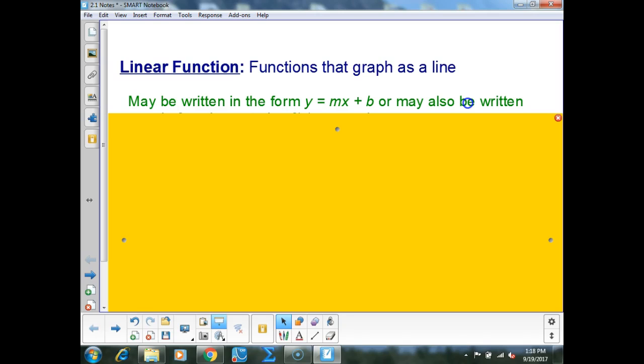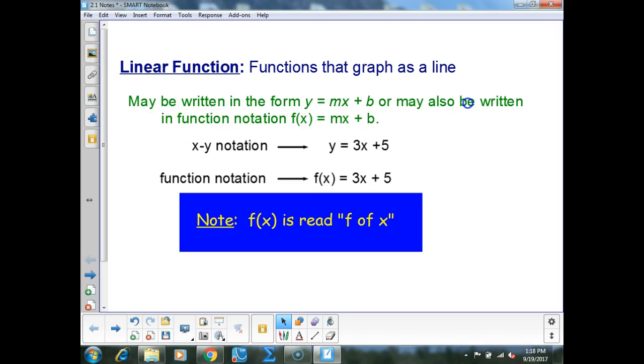But it may also be written in function form, or function notation. And then the difference between linear form and function notation is f of x. Y becomes f of x.